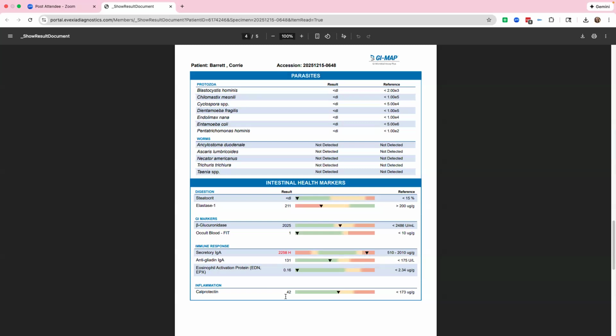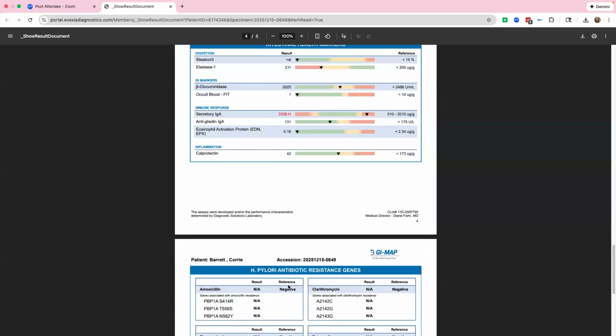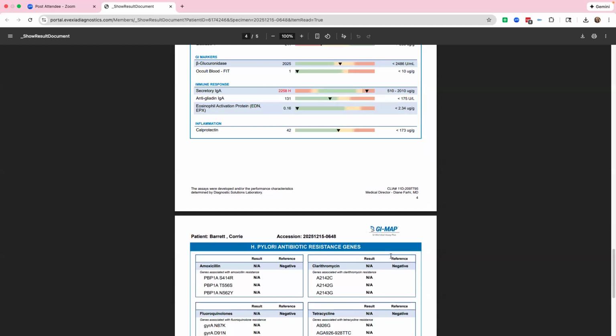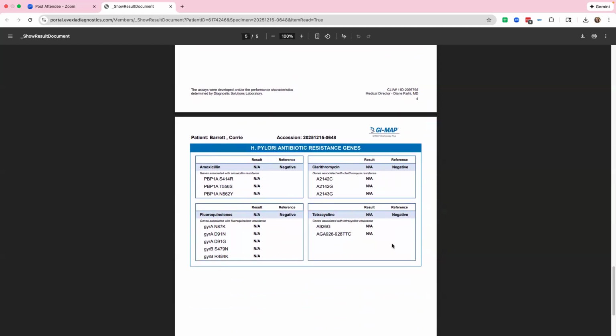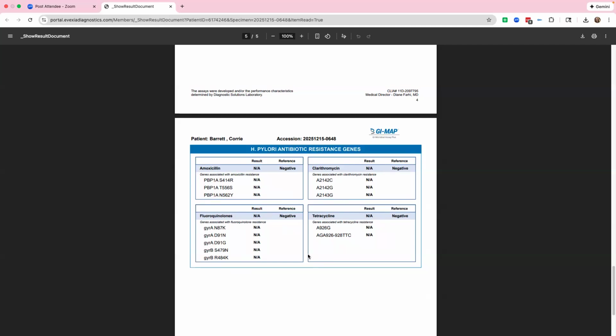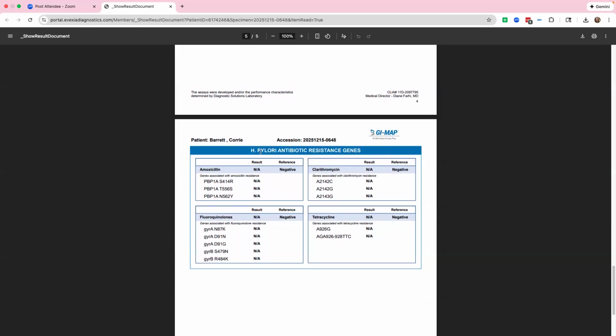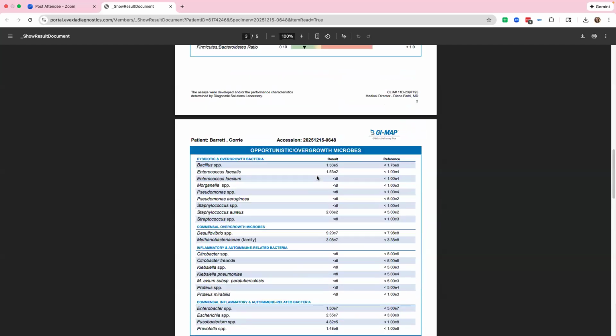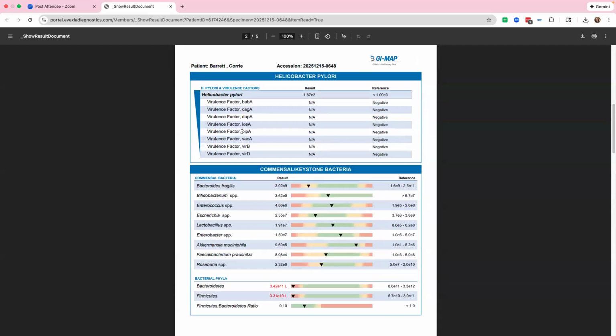There's also a section about genes for resistance to any of the medications a doctor would prescribe for H. pylori, but you don't have any virulence factors anyway, so that's just if we were going to prescribe something.